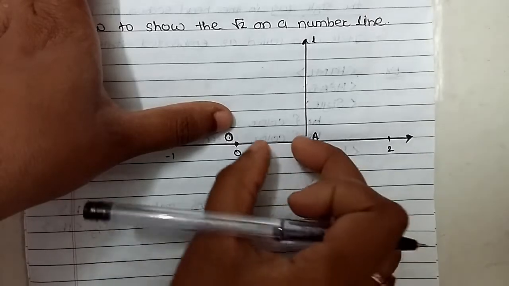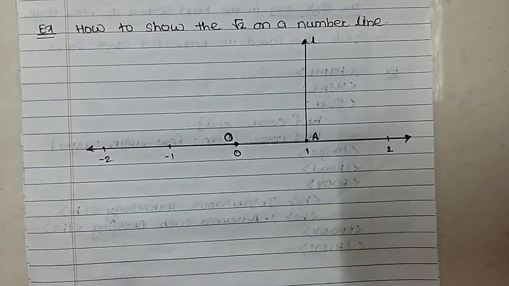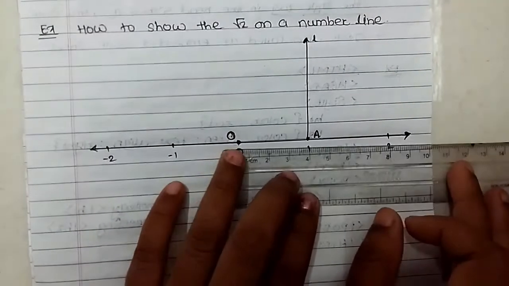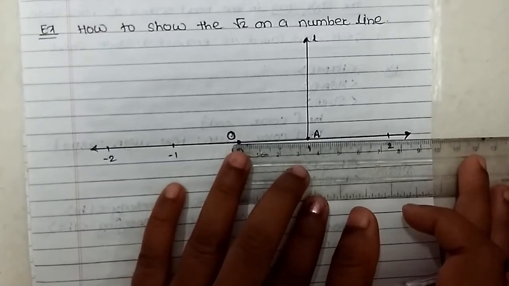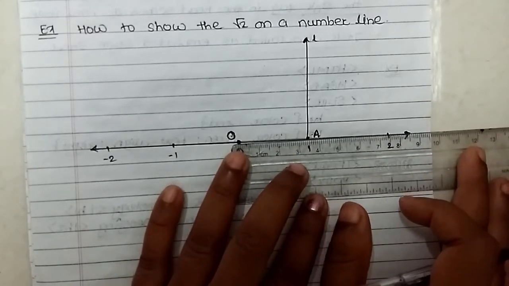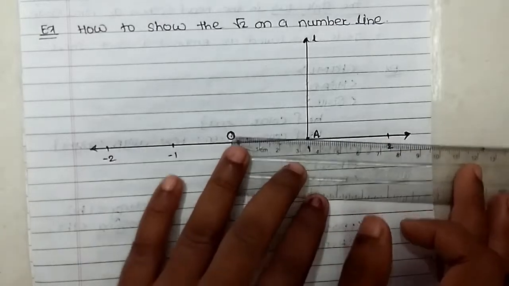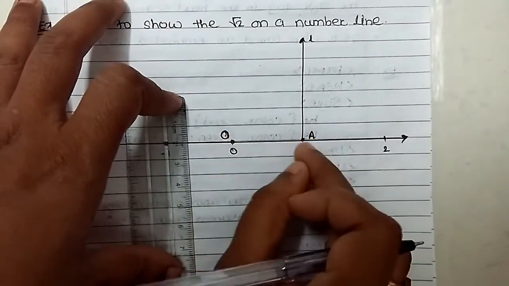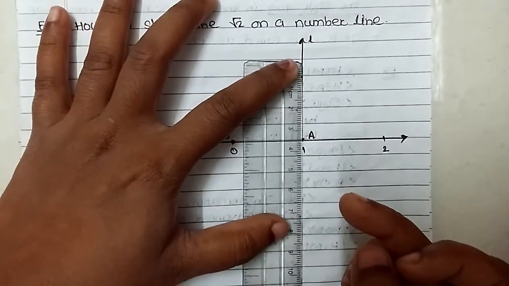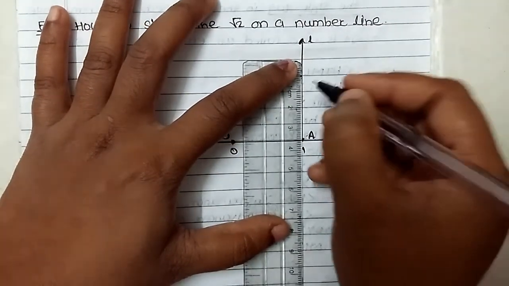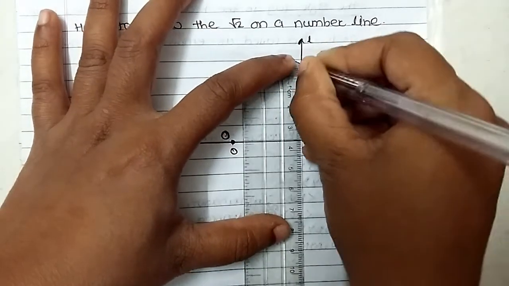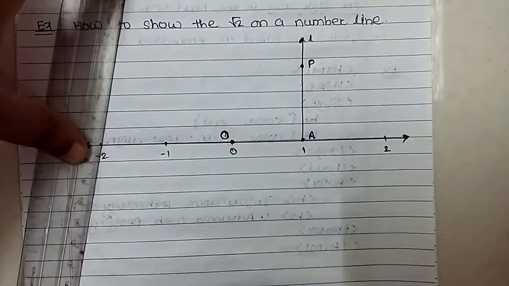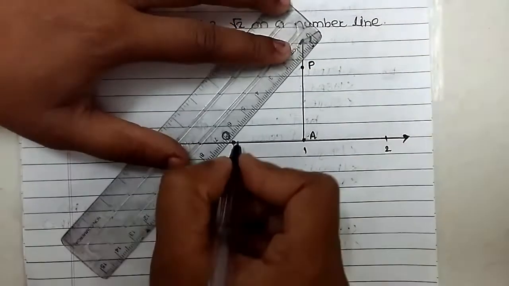The second step is to measure this distance through the scale. It is near about 3.5 in my diagram. The same distance, OA is equal to AP, so my point is here. So take this as P. And then join O and P, that is OP.